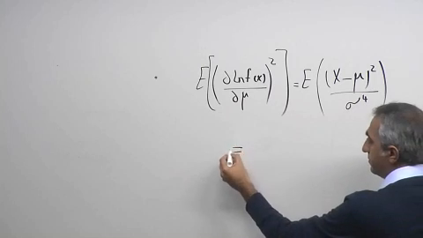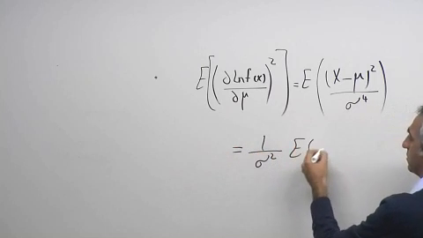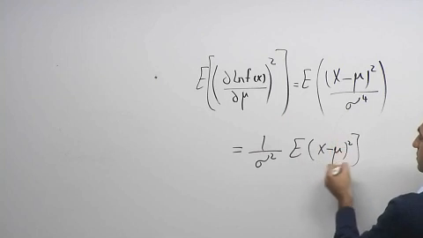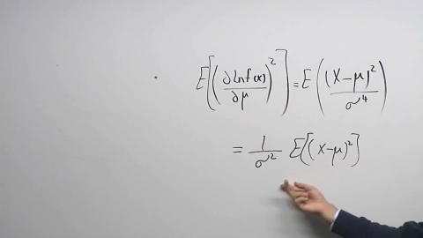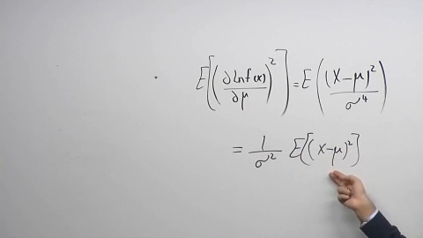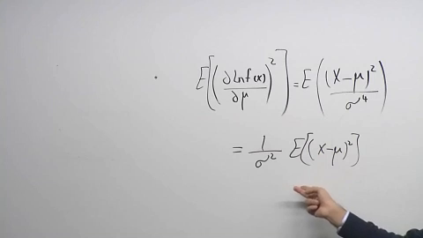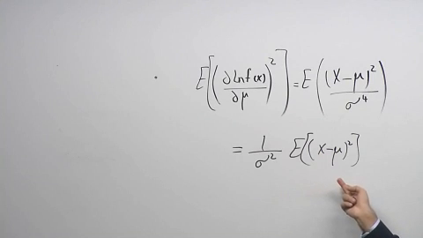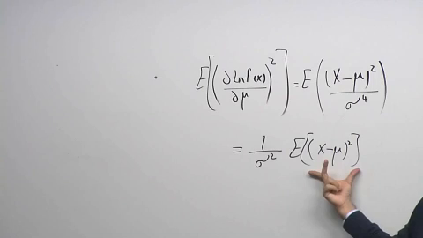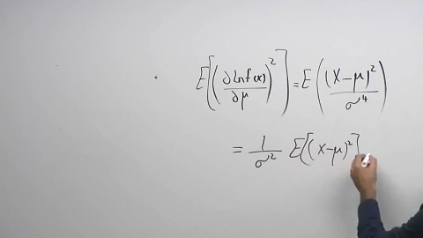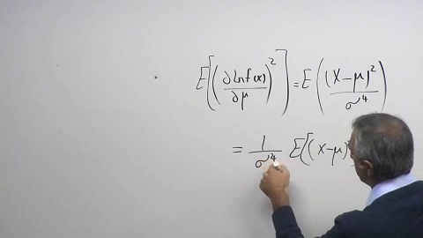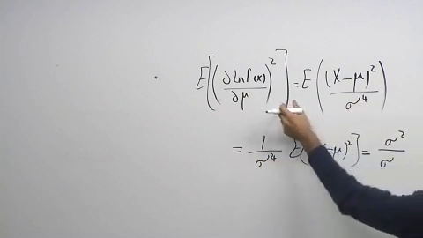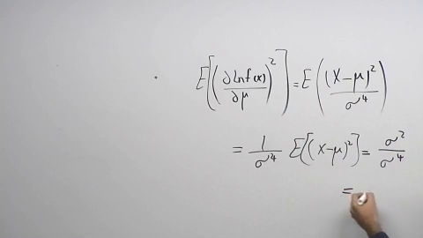I can take it out. What is this guy? Definition of variance. That's the definition of variance, which is sigma squared. Okay? So it's sigma squared divided by, oh, sorry, this one is sigma to the power of 4. That's this guy. I'm just taking it out. So at the end of the day, it's 1 over sigma squared.